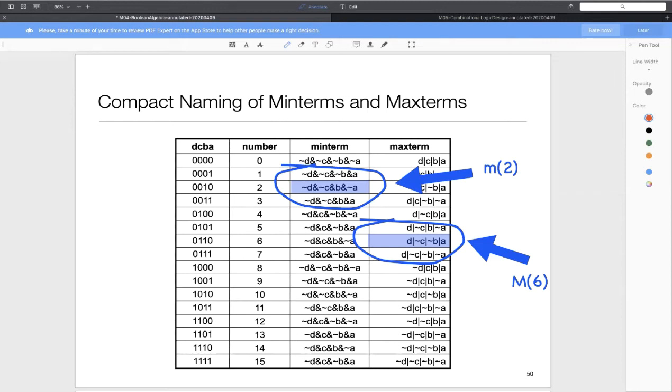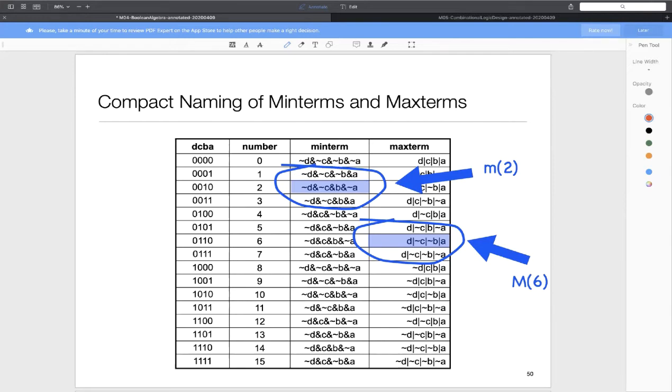So again, we have a strategy for putting minterms into specific rows, and we are going to label them in that manner. Yeah, go ahead, please. So basically, what you do for the minterm and the max term is you look at whether it's a 0 or 1, and accordingly either negate or not negate it for the variables, and then for minterms you just put ANDs, and for max terms you put OR.